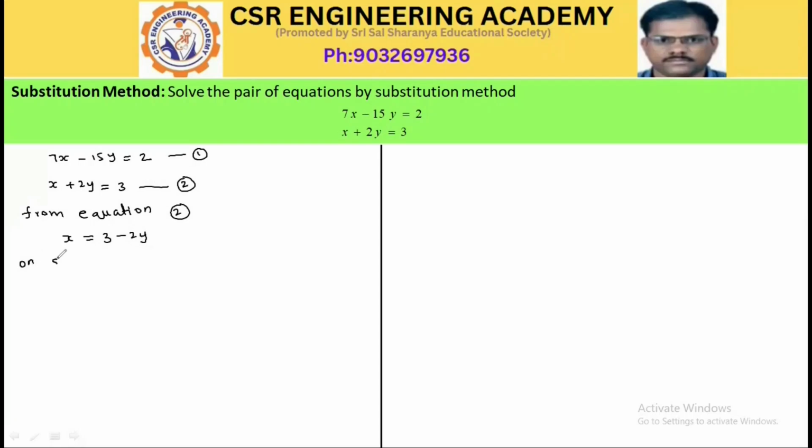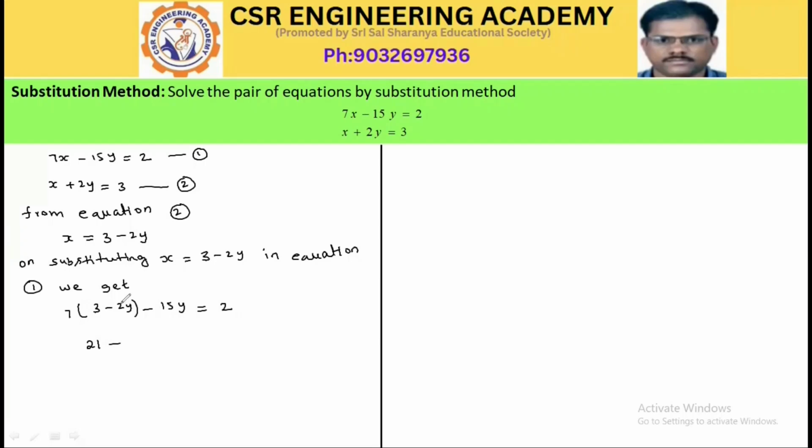On substituting x is equal to 3 minus 2y in equation 1, we get 7 into x, that is 3 minus 2y, minus 15y is equal to 2. 7 into 3, 21, minus 7 into 2y, 14y, minus 15y is equal to 2.